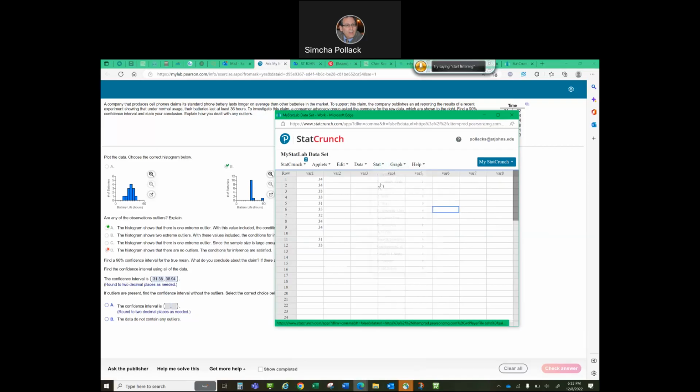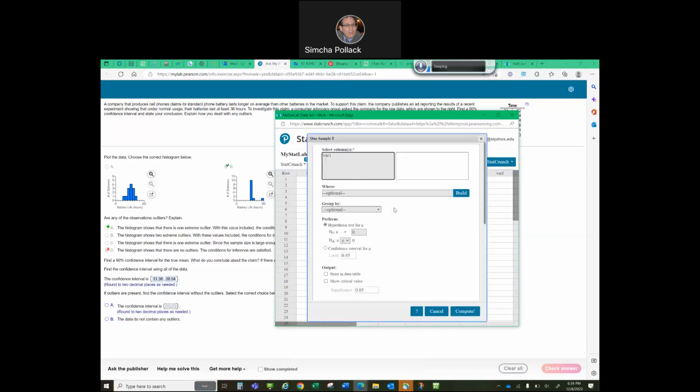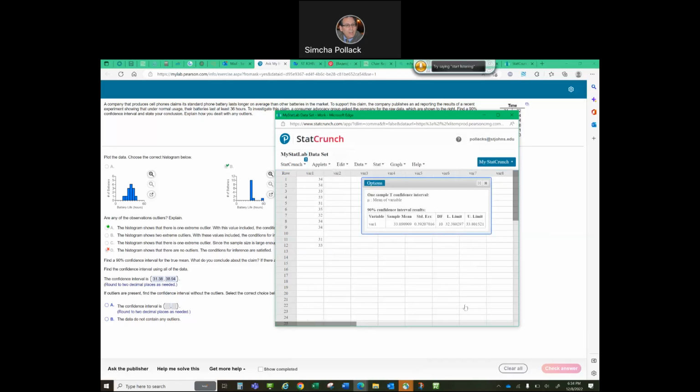Stat, still dealing with T Stats. One sample with data. Bar 1. Confidence interval of 90. Compute. And one second, why does it... Oh, yes, the degrees of freedom is one less than the sample size.